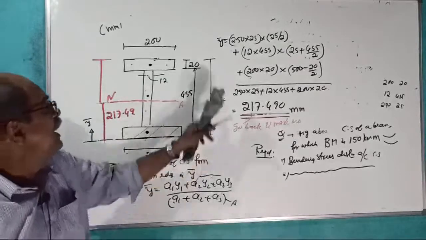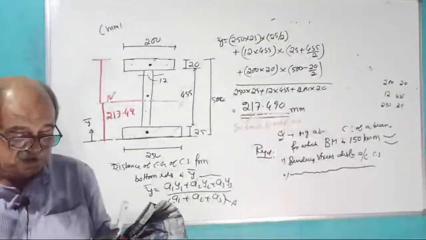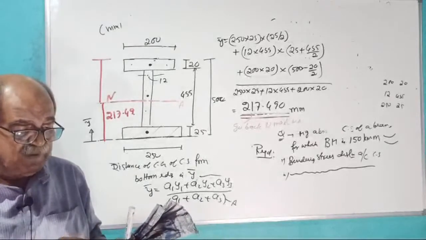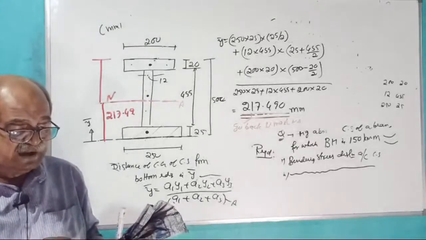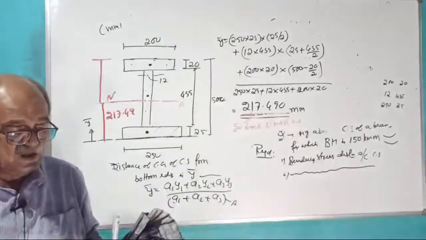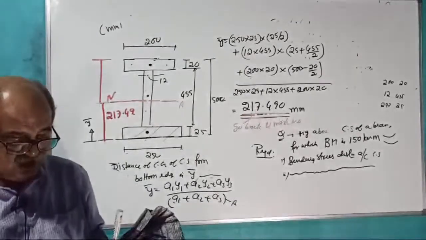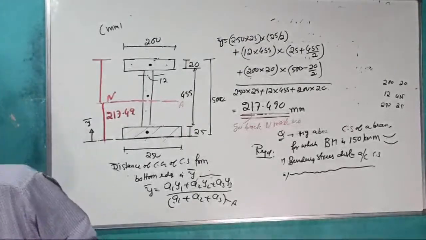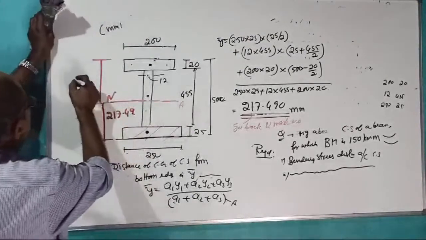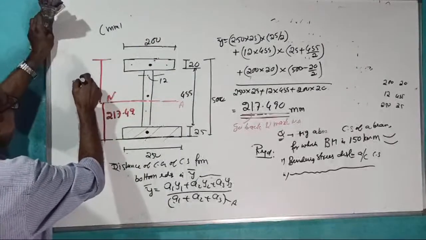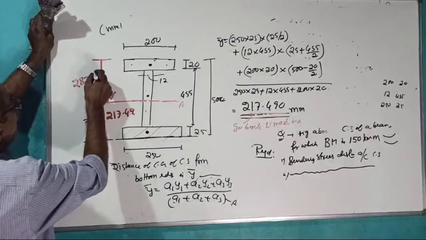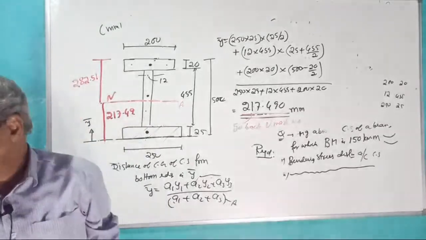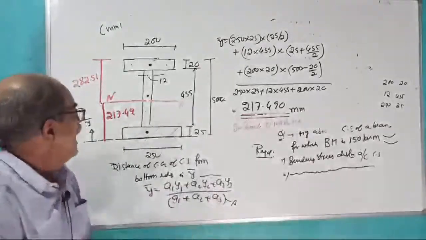From 500, subtract it. Little fast. 282.51. Okay. Now we got the location of the CG or neutral axis correctly.